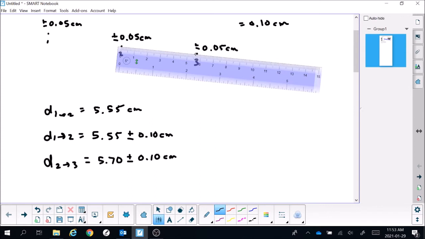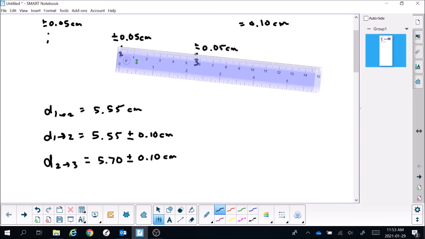Now you may ask the question, well, if I can't tell if it's 5.70 or 5.75, can I put in 5.73? That is perfectly acceptable. You could put in 5.73. However, it does not change the magnitude of your uncertainty. You would still say the magnitude of your uncertainty is plus or minus 0.10 centimeters.